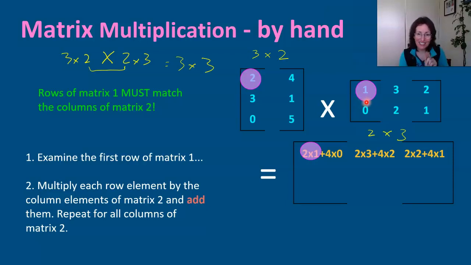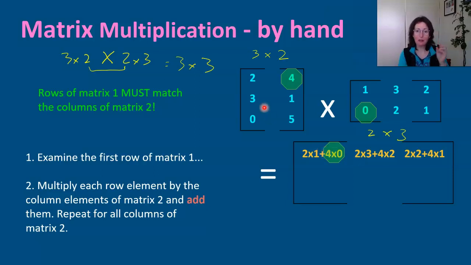Then we're going to add the next multiplication, which is this 4. So we're going across the row in matrix 1 and down the column in matrix 2. Across a row, down a column. And this is how we get this 4 times 0. And that's all going into position 1 out of the 3 by 3.